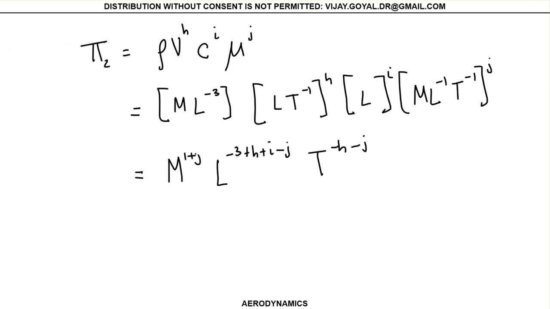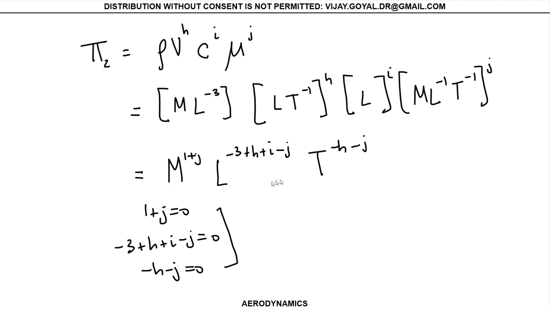Okay? So setting all these coefficients equal to 0: minus 3 plus H plus I minus J is equal to 0, and minus H minus J equal to 0.